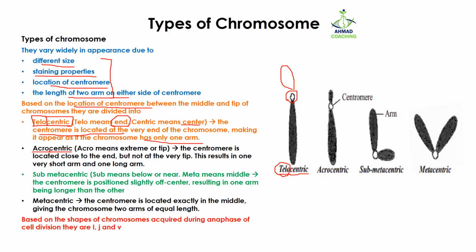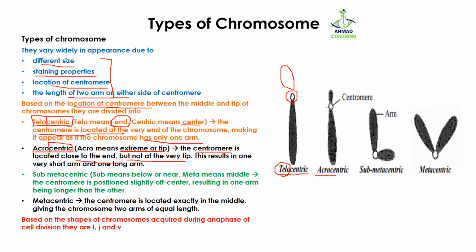The second type of chromosome is known as acrocentric. Again, the centric means center or centromere, while the acro word means extreme or tip. So acrocentric chromosomes are the chromosomes in which the centromere is located at the end but not at the very tip. Here you can see these are the acrocentric. Acro means extreme or tip.